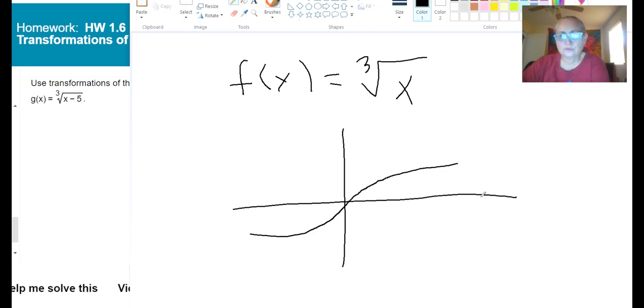Kind of looks like the cube, but it's on its side. This is positive because when you put a positive in a cube root, you get a positive. When you put a negative in a cube root, you get a negative. Like the cube root of -8 is -2. That's why it's down here, like -8, -2.